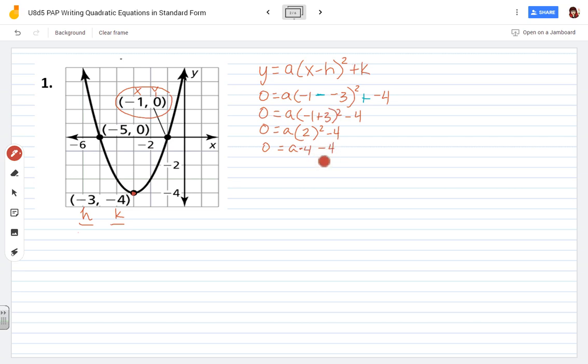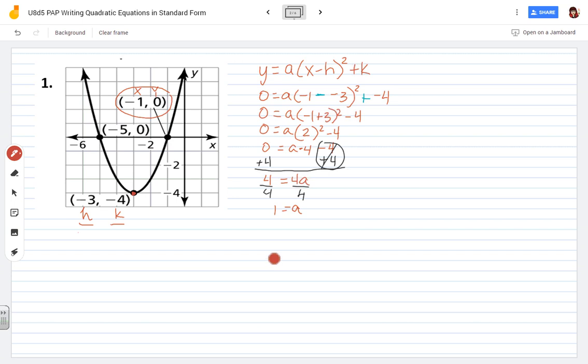And I'm going to go ahead and solve for a by adding the 4 to both sides. So once it's completely simplified, as far as I can take it, I'm going to go ahead and get a all by itself. So we add 4 to both sides. So of course, we'll zero out. And I'm left with 4 equals 4 times a, right? Divide by 4. So now that a is completely by itself, we know that a is actually just equal to 1.